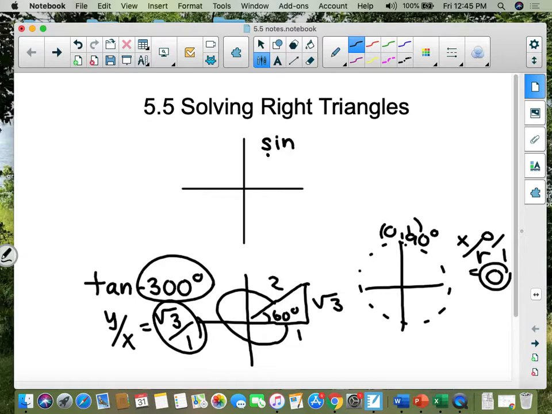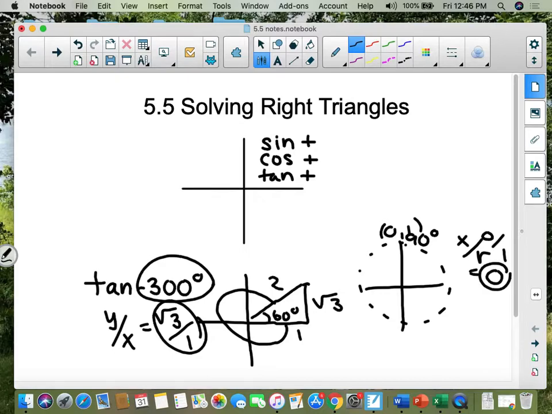Sine, cosine, and tangent are all positive in the first quadrant. Their reciprocals are also positive. The cosecant is positive, the secant is positive, and the cotangent is also positive in this quadrant.